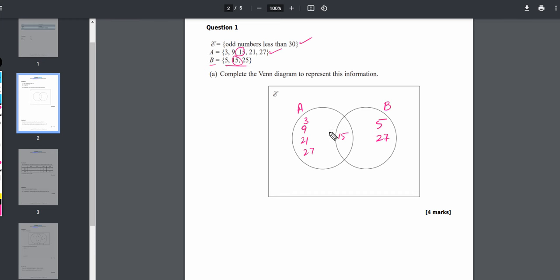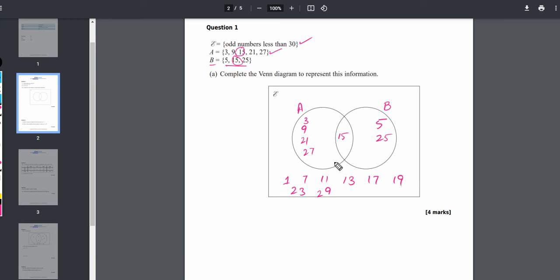So 1, 3 is there, 5, 7 is not there, 9, 11 is not there, 13 is not there, 15 is there, 17, then comes 19, then 21 is there, 23 is not there, then we'll have 25, and 27, we have 27, and 29 is not there.